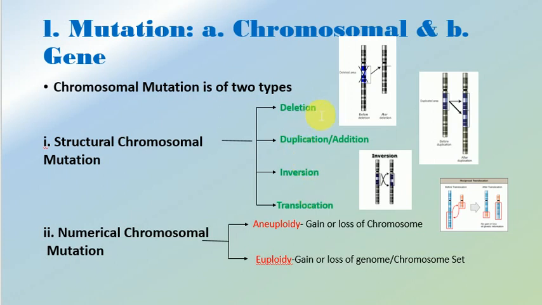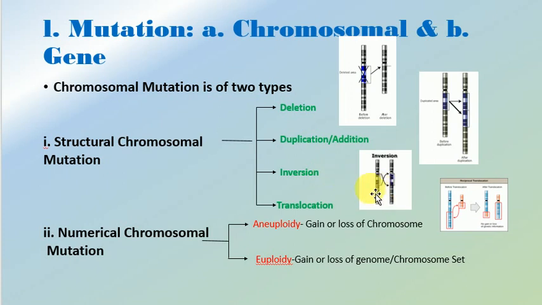What is deletion mutation? In deletion, a part of chromosome gets deleted from the main chromosome. The duplication is the duplication of certain part of the chromosome, that is also known as the addition, as that part gets added to the same chromosome again. What is inversion?